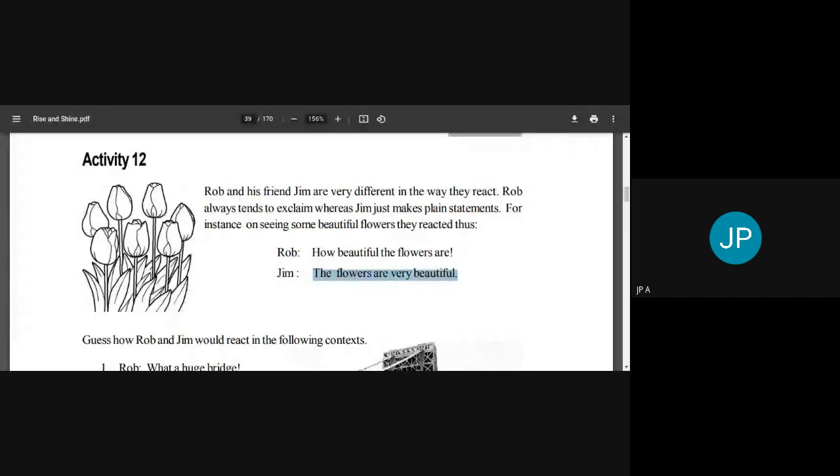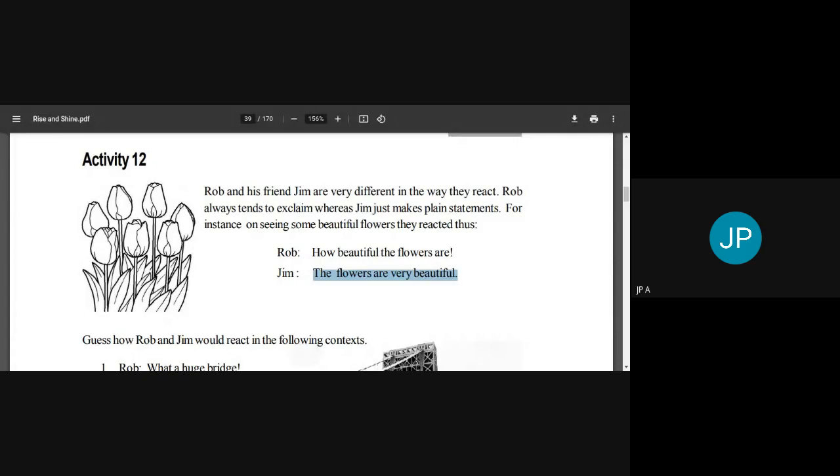So we have four types of sentences in all languages. That is a plain statement, then a question, then we have exclamatory sentences, and then we have imperative sentences.